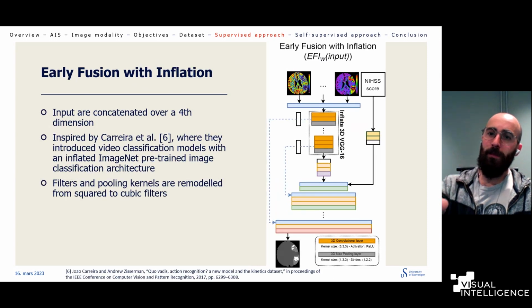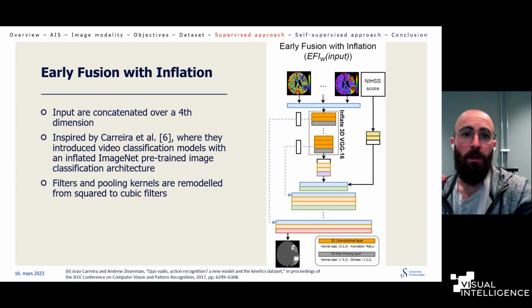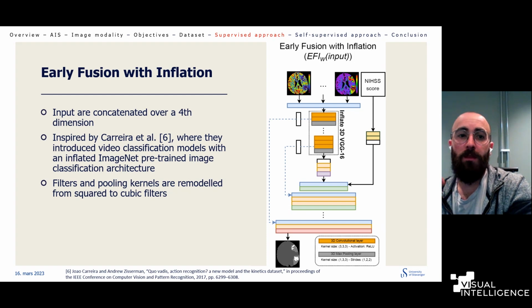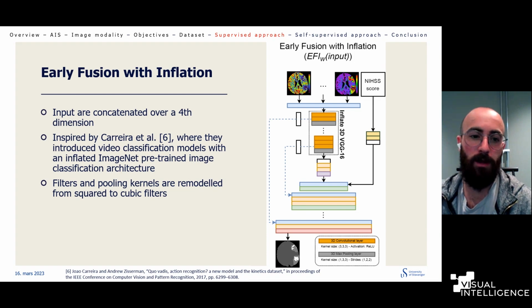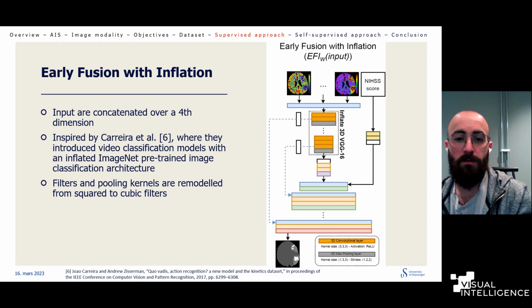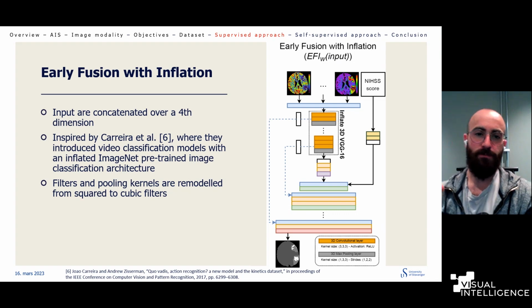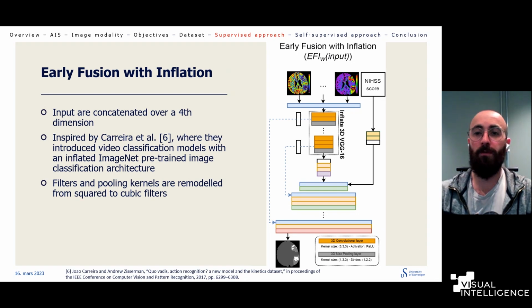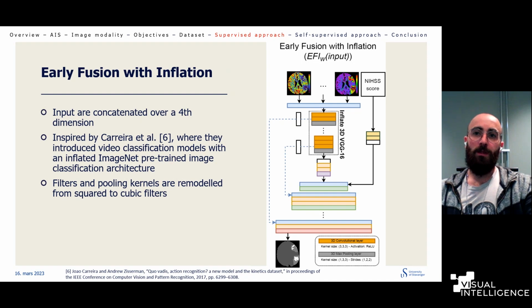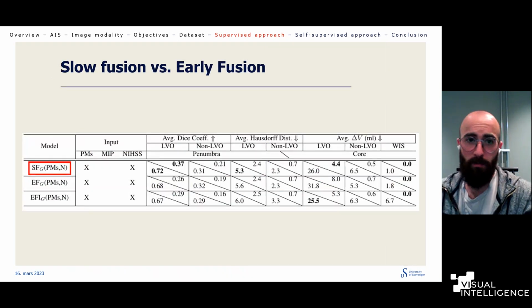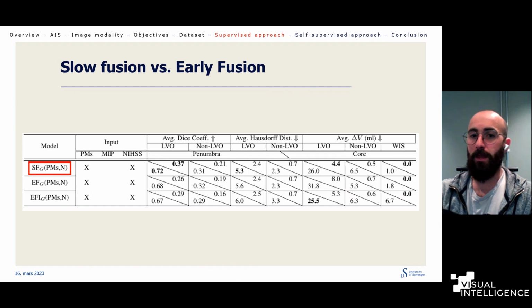We also tried something similar, which we call early fusion with inflation, where the inputs are concatenated over a 4th dimension, and there is only one VGG16, but it's an inflated 3D VGG16 inspired by the paper from Carreira on action recognition, where they introduced a video classification model with an inflated ImageNet pre-trained architecture. So the filters and the pooling kernels are remodeled from square to cubic filters in the VGG16. But even with these early fusion approaches, we noticed that our proposed model is still better, both in the prediction and segmentation of penumbra and core, and also in the different groups that we analyzed.